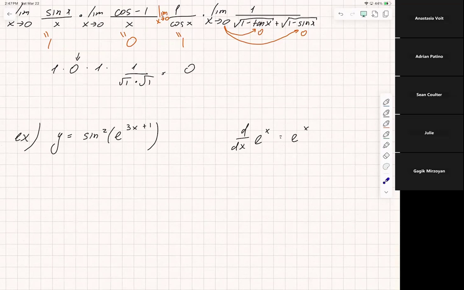If we have a more complicated expression in the exponent, then we just use the chain rule, right? So to find the derivative, first of all, we see that we have this square, and this sine would be the base.